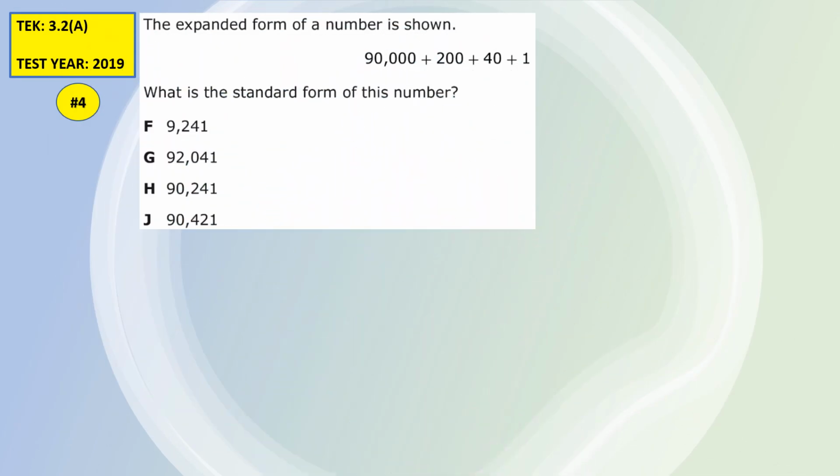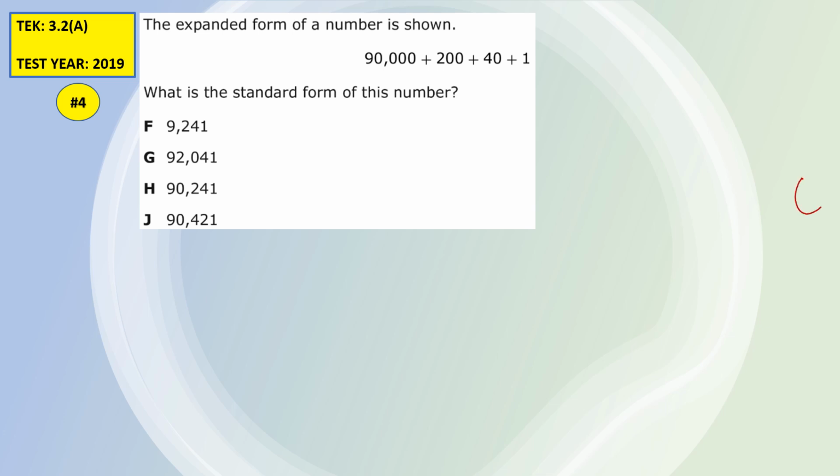Now let's talk about how we solve this if you're not the greatest at taking a number from its expanded form, which is the form in which each digit is added together based on its actual value, and turning it into standard form, which is basically the digits that are already in their place value location. So the best way to do this is by using a place value chart.